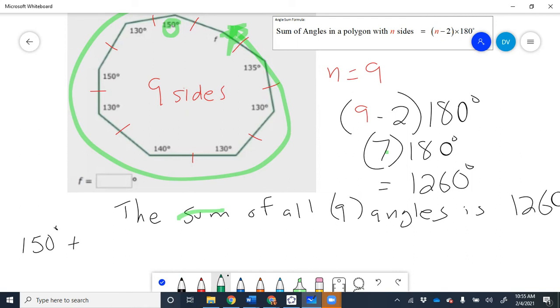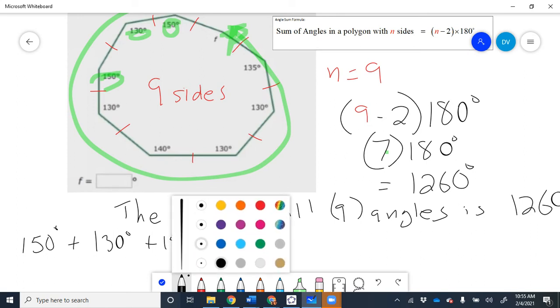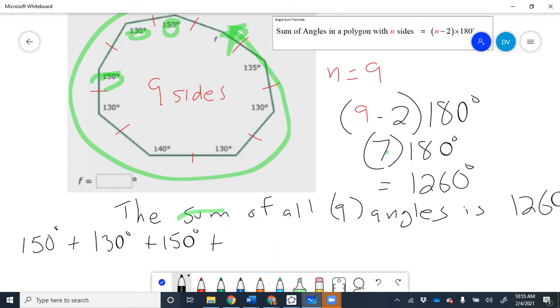Plus, we'll do the next one, plus 130 degrees. Just keep going as we go here. Plus another 150. I'm not going to keep writing the green, but you'll just follow along. The next one will be 130 degrees.